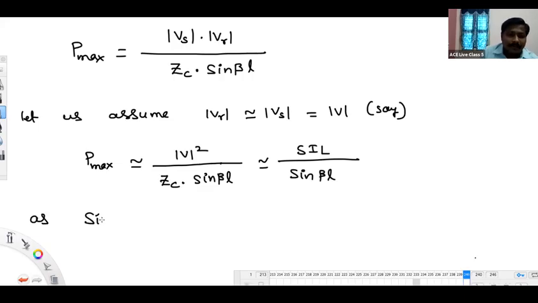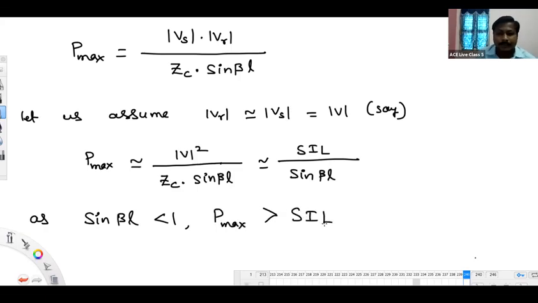As sin beta L is less than 1, we have more than 1 into SIL equals Pmax. So Pmax will be greater compared to surge impedance loading definitely.